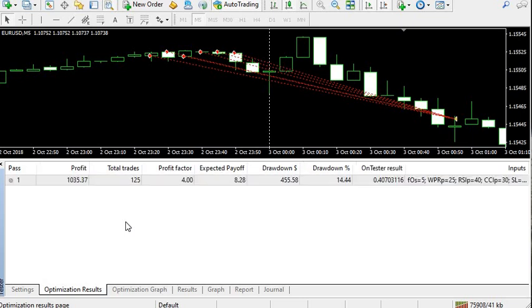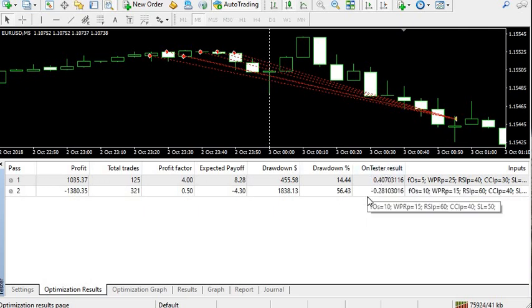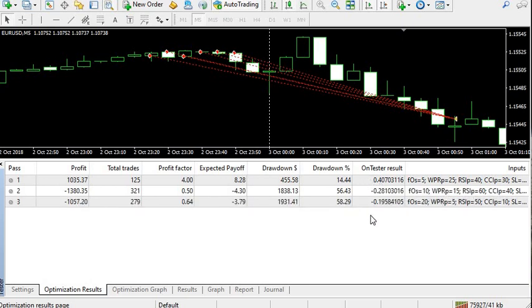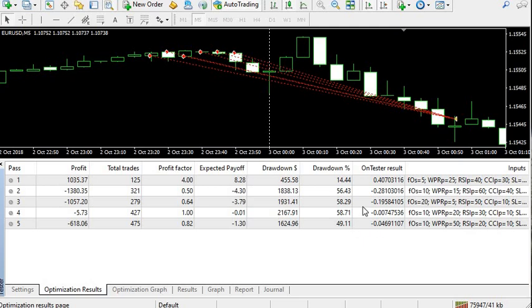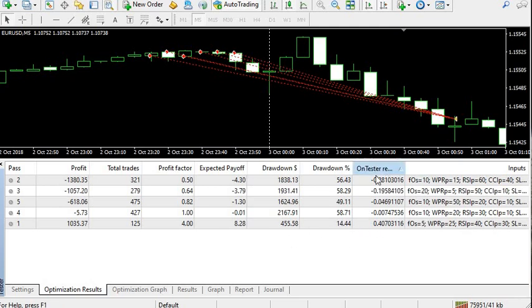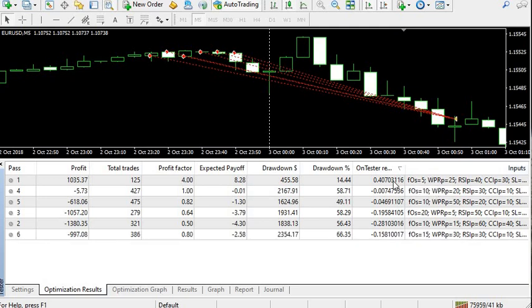Okay, so here under the on tester results you get the ratio. It's supposed to be between 0 and 2, although it rarely goes above 1. If it goes above 1, then you have a very good strategy and very good parameters. For now, you can sort by this, and our best settings are these ones.